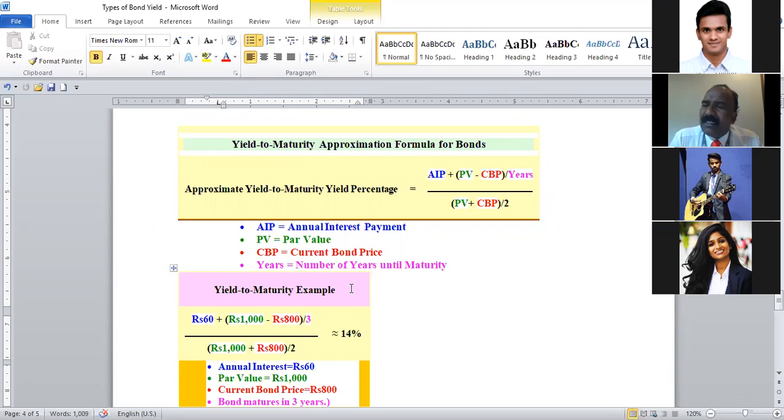There is annual interest payment plus par value of the bond minus current market price of the bond, divided by years of maturity, whole divided by par value plus current bond price, divided by 2. All of you can see that, correct?